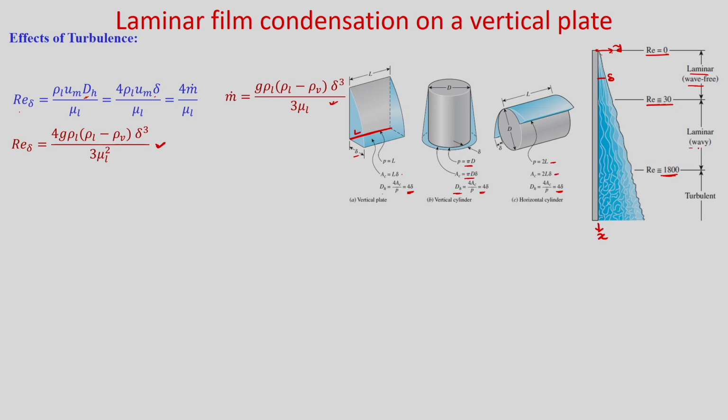So, this is your laminar wavy region, and if the Reynolds number is greater than 1800, then it will be turbulent flow. Inside also you will see that chaotic motion is taking place. So, you will get a turbulent zone.